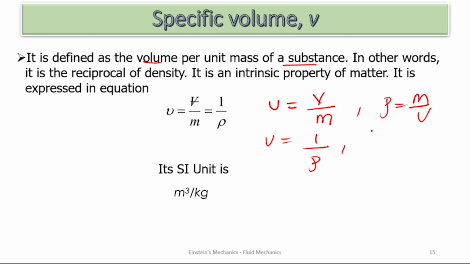Yes, which is the inverse of volume on mass, which will render us mass on volume. So meaning specific volume is the inverse of the mass density. It is also measured with the unit meter cube per kilogram.